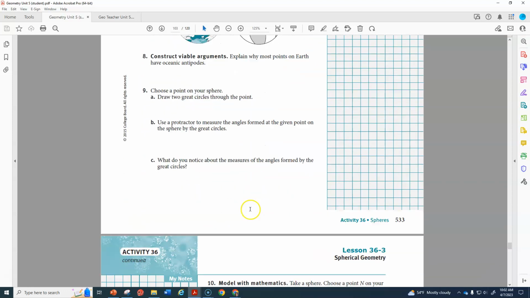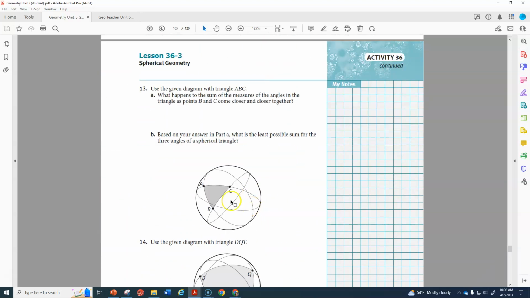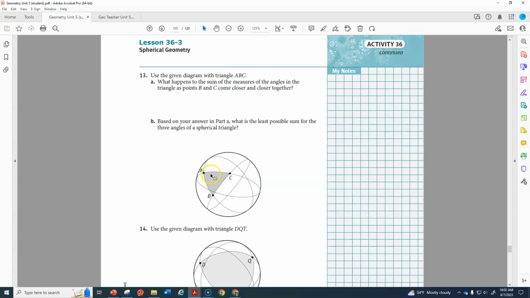The last thing that I think is interesting, we've kind of already hit on it. Let me see if I can find a picture. Triangles in plane geometry, we know, have to have 180 degrees. In spherical geometry, a triangle can have more than 180 degrees. And there are proofs that show that.